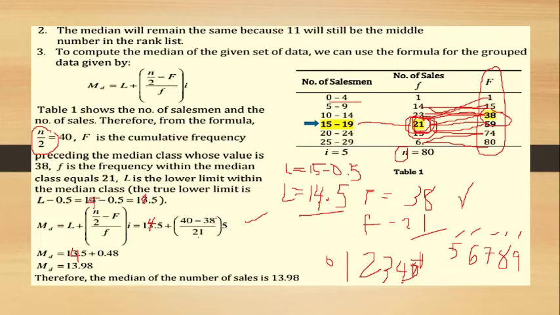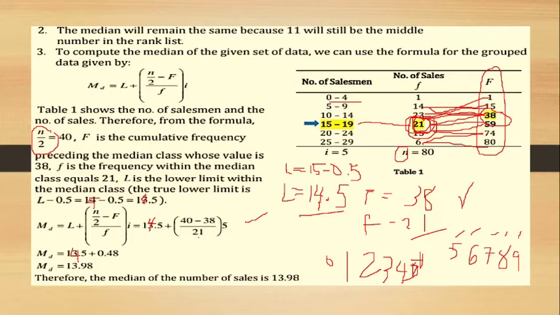Then divide by 21, and then times 5. Don't chain them together, because sometimes the result is different. So do it one step at a time. 40 minus 38 is 2. 2 divided by 21, then multiply the result by 5. The answer is 0.48.